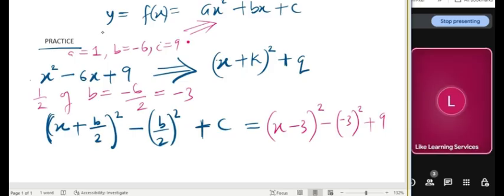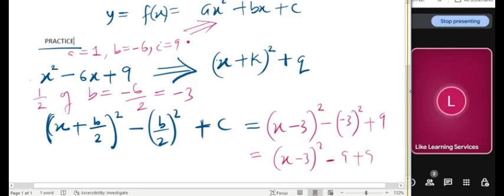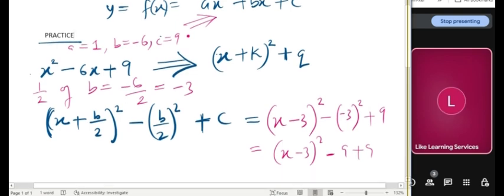Why am I giving something that doesn't have a c? Anyway, no problem. It's fine. So that would be x minus 3 all squared minus 9 plus 9. In this case, incidentally, the one I gave is the one that has this equal to 0, right?